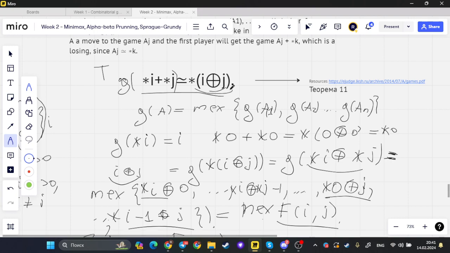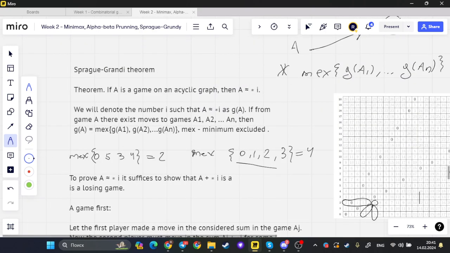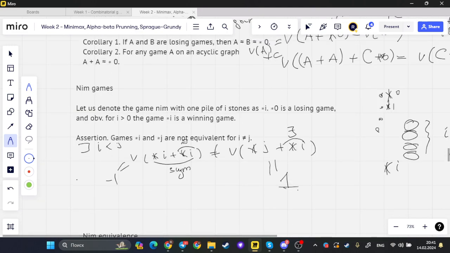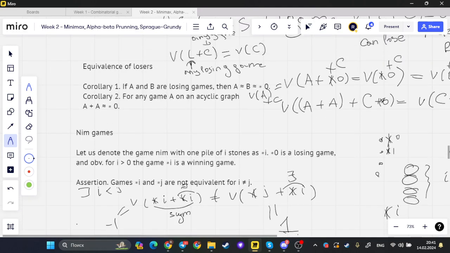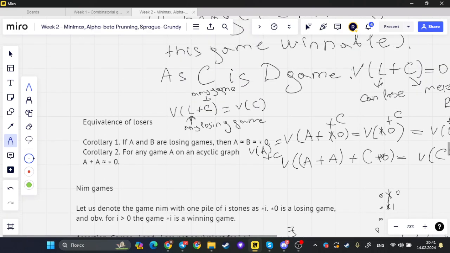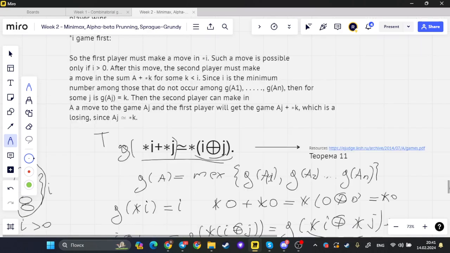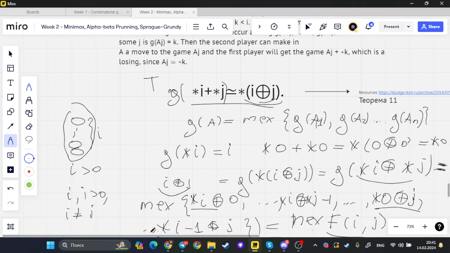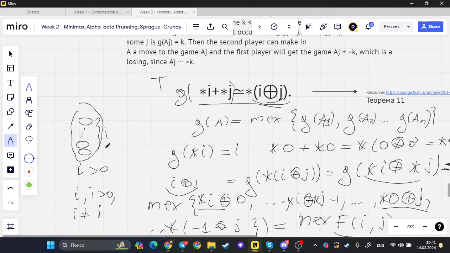If the answer equals null, the game is losable. If it's more than null, the game is winnable. If we have no piles, not stones in a pile, it means we lose.